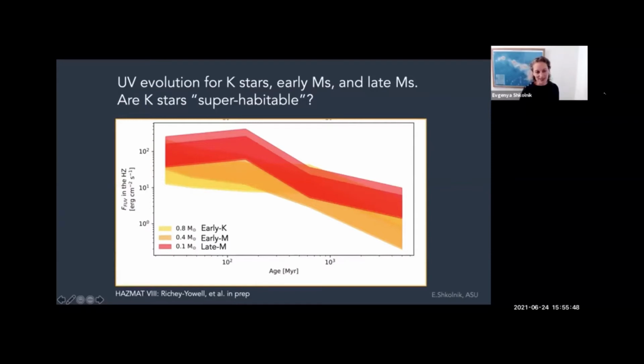And it's not that different, right? So we have, of course, the late M's do stay active a little bit longer, even increase as they contract onto the main sequence. But the early Ks and the early Ms are not that different from each other. And so we really need to be considering this history of every planet that we want to study around these masses.